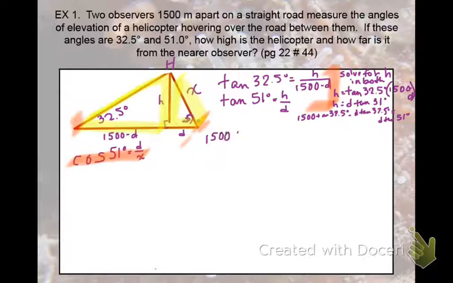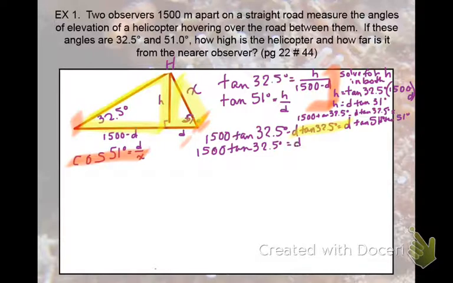Okay, so let's write that equation, distributing the tangent 32.5 degrees. But we're trying to solve for d, so let's shove it all to one side. The 1,500 tangent 32.5 degrees is all on its own on the left, but then we're going to factor the d out as we add this expression to the right.